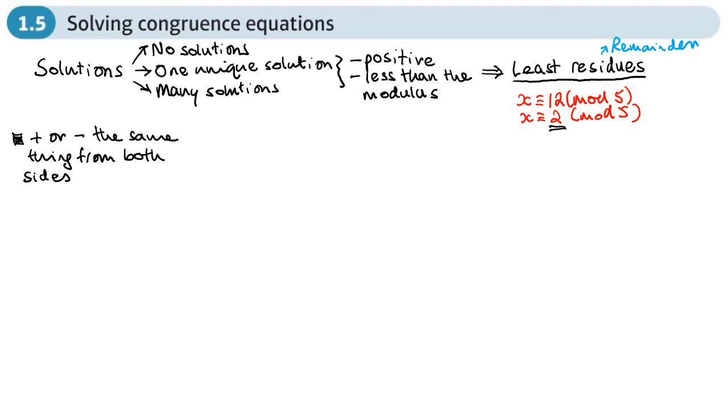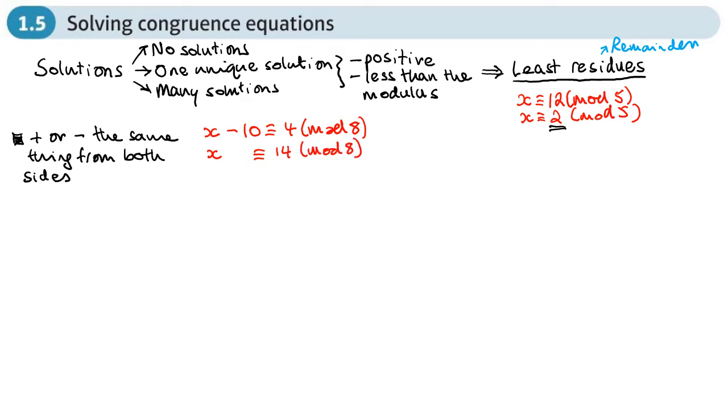So here's an example. Let's say I had x minus 10 is congruent to 4 under mod 8. Then I will just add 10 to both sides. I'm allowed to do that, no problem. So x would be congruent to 14 under mod 8.